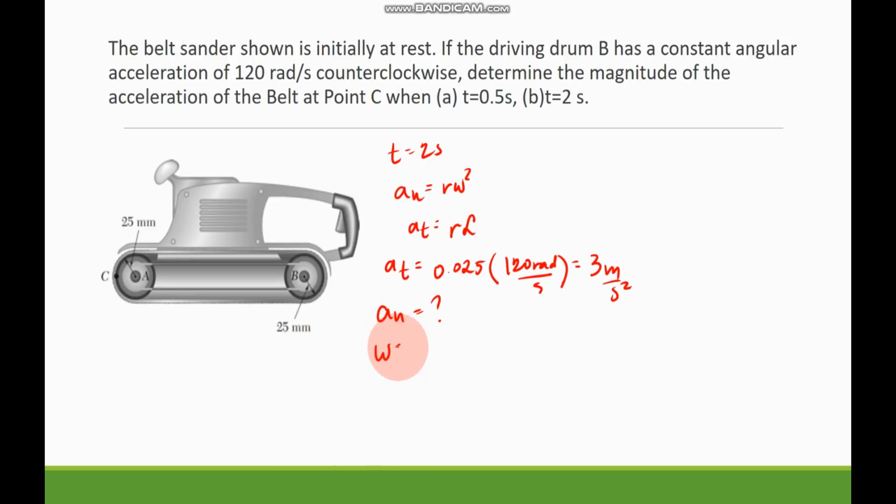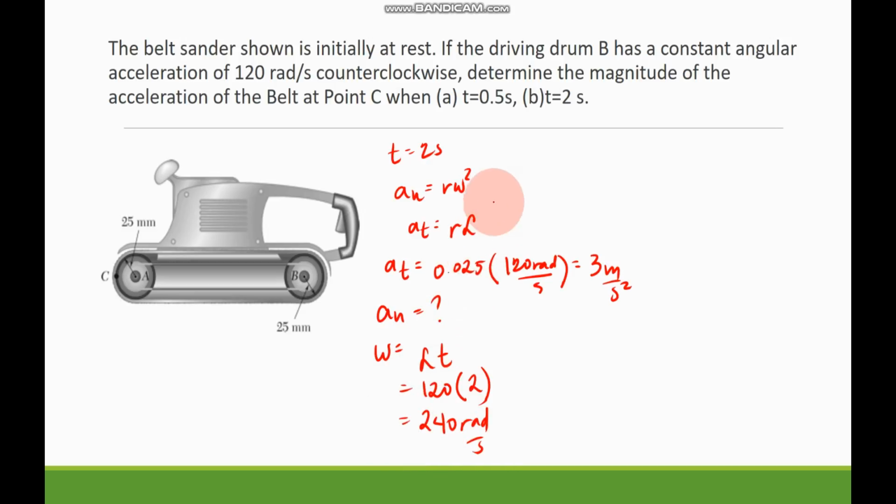The angular velocity is 120 times the time, which is 2 seconds, therefore it is equal to 240 rad per second.